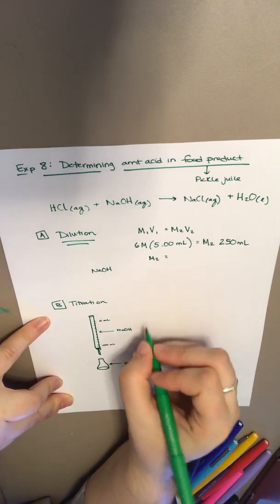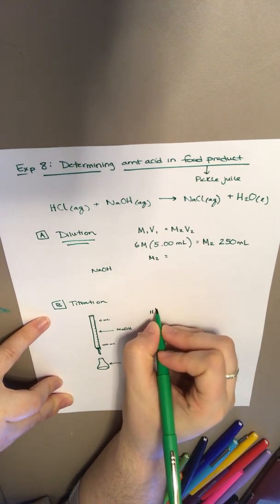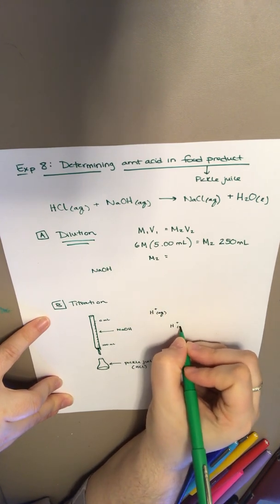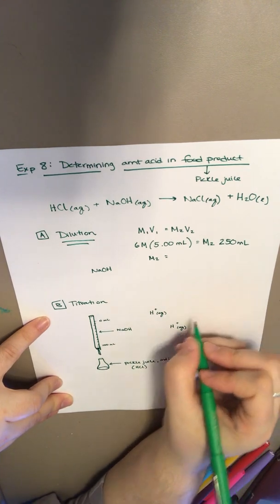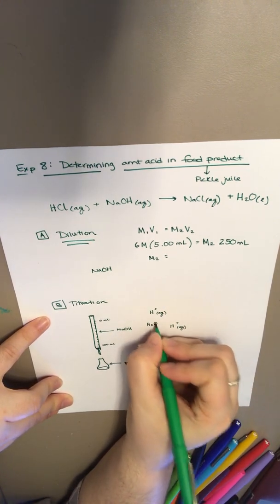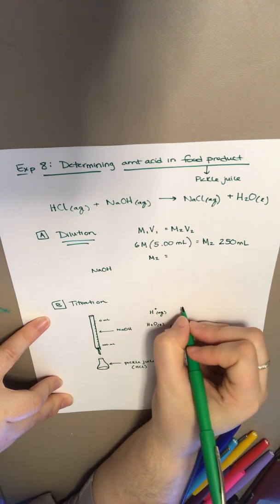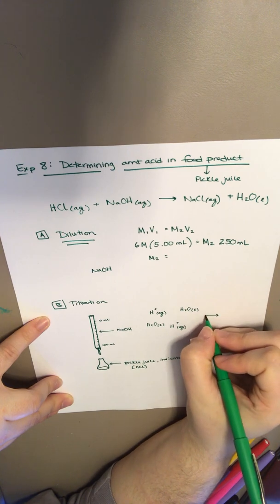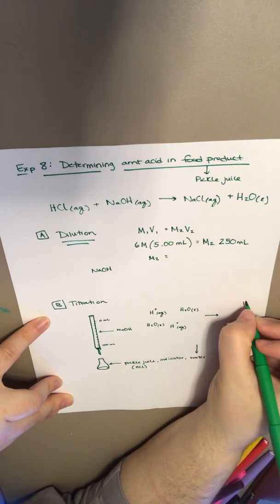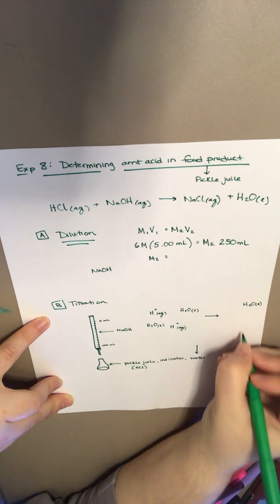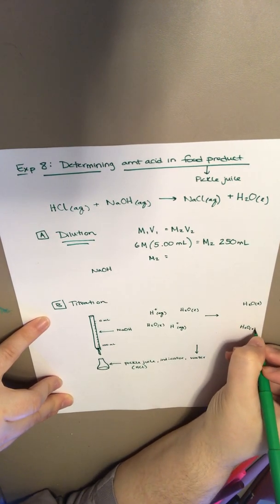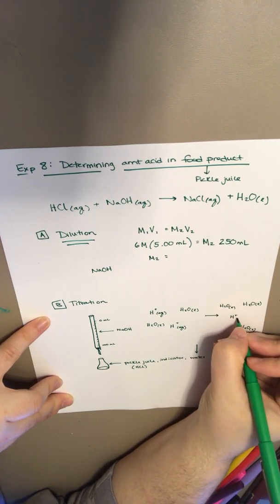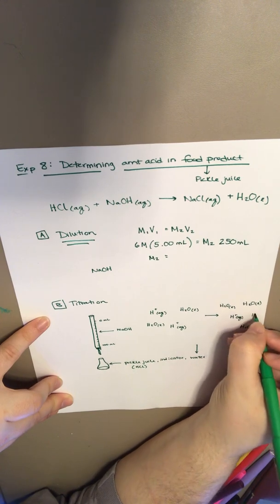If we're thinking about all of our H plus ions, so all of our acid, and we add H2O, we'll draw 2 of them just for good measure. By adding more H2O, maybe we'll have 3 H2Os in this area right now, it's not impacting the amount of H plus ions.